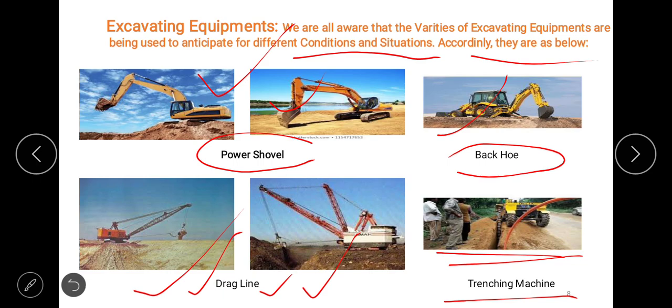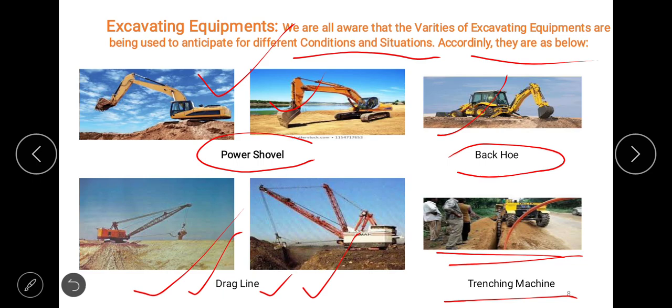In that case, drag line only is more effective and useful. You can use the above equipments also, power shovel or backhoe, but it will not be effective at all. It consumes more time to operate and get the material removed from the position.